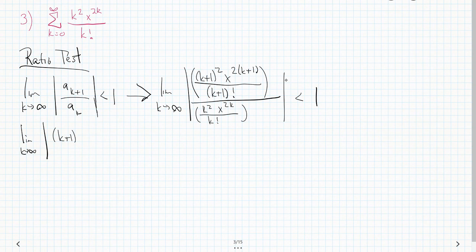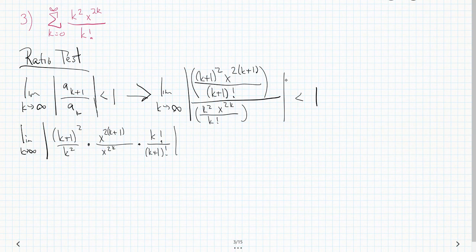Probably the nice thing to go with that would be a k squared. The other one, we have x to the 2k plus 1, I'll write it this way for now, and then we have an x to the 2k. And then the k factorial will flip up to the numerator, but the k plus 1 factorial will stay down in the denominator.